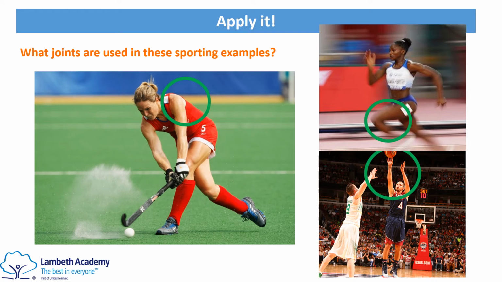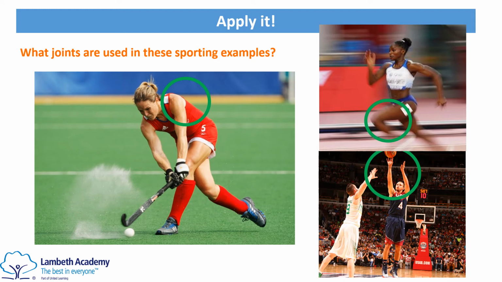We can see that her ball and socket joint at her shoulder would be being used. If we take a look at the photo on the right hand side, Dina Asher-Smith, and we look at her leg, which joint would be being used there? Hopefully we got that correct and we have been able to identify that that would be her knee joint.